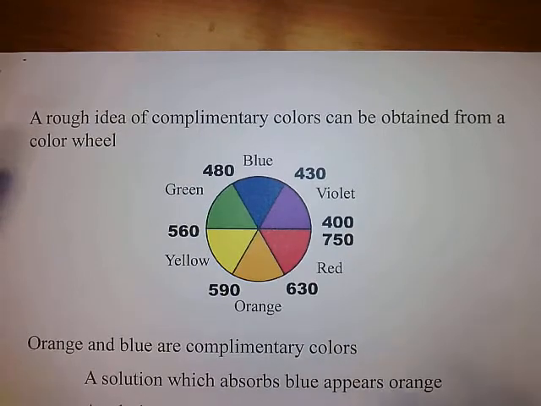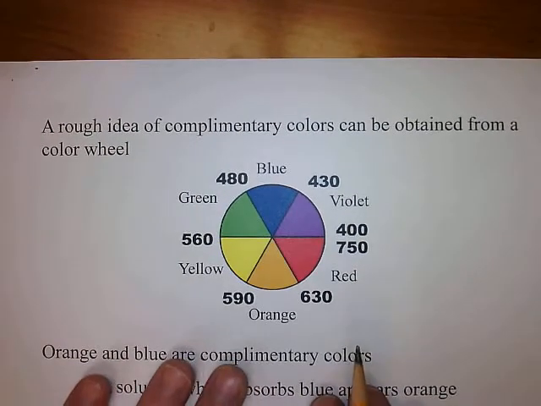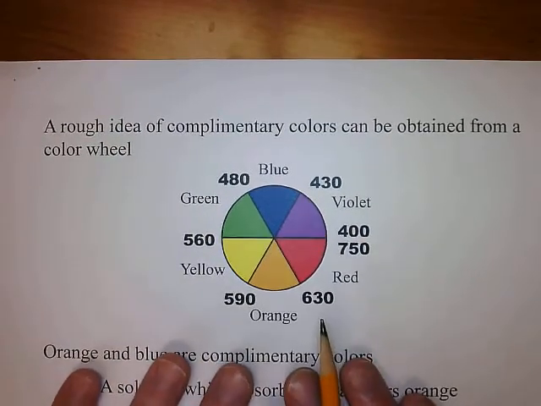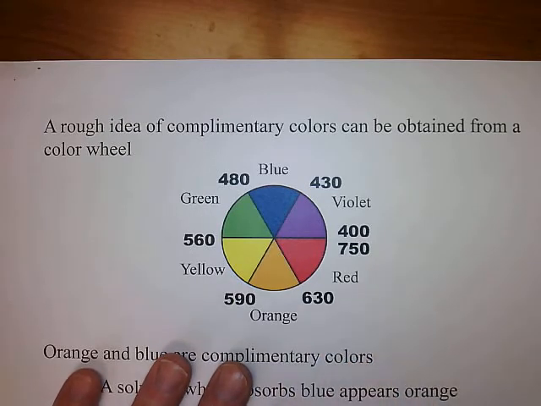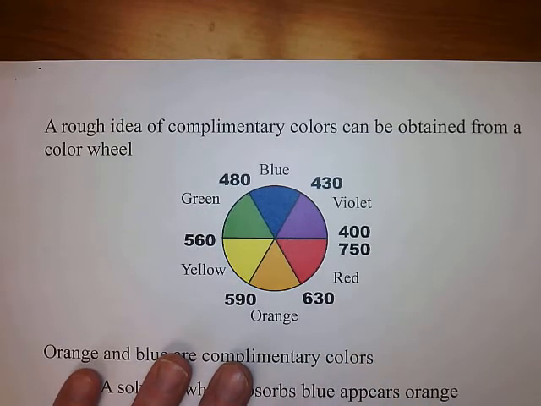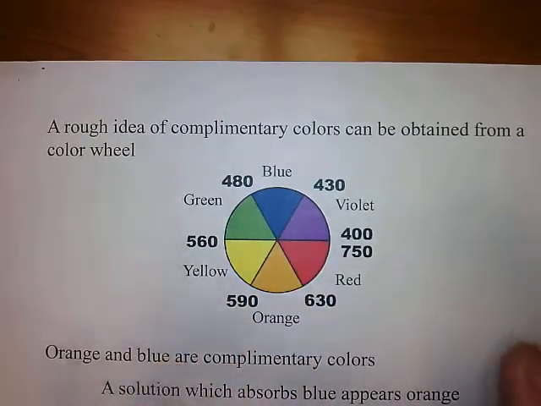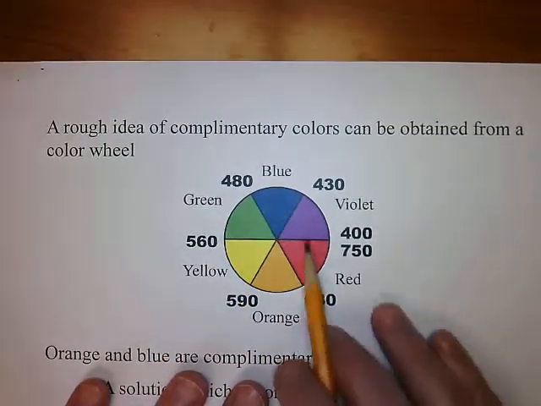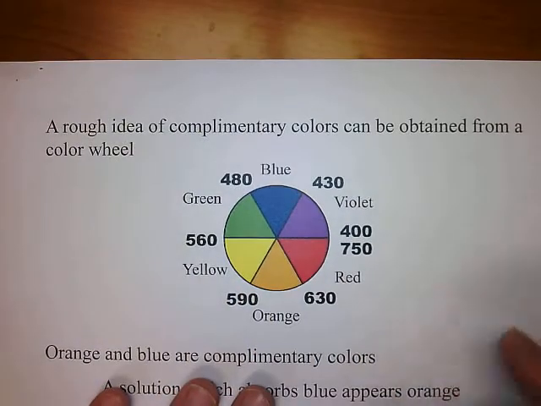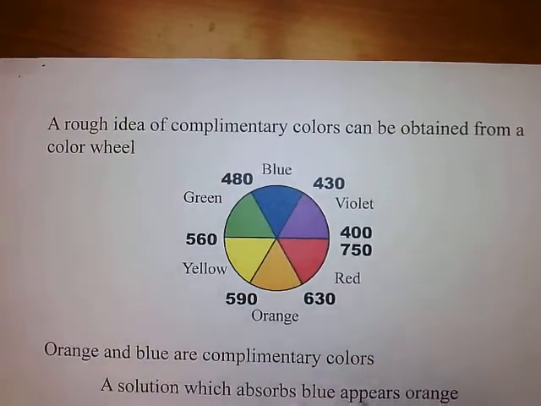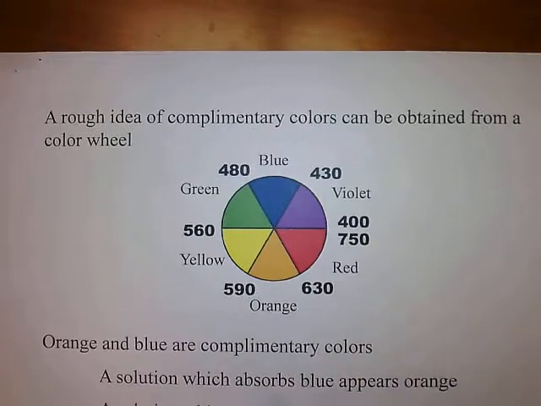That's the visible region. So two colors are complementary if they lie opposite one another on this color wheel. I mean, this is a crude approximation, but two colors are complementary if they lie opposite one another on this wheel.